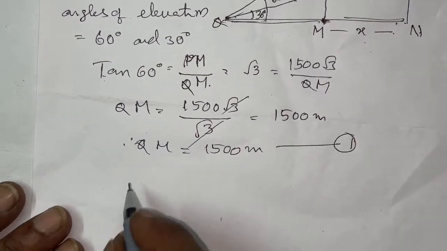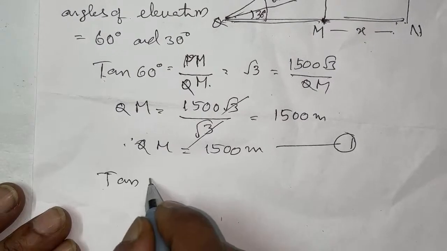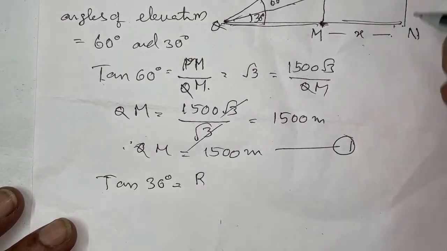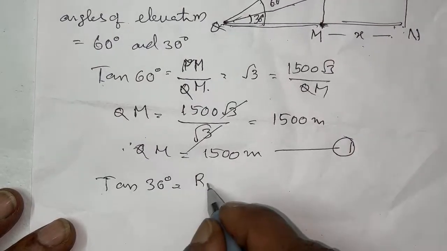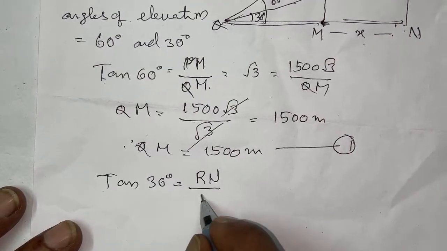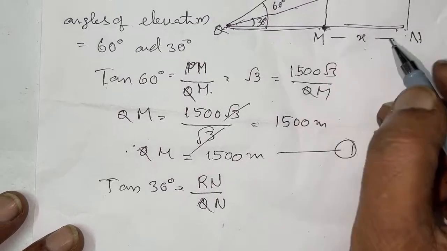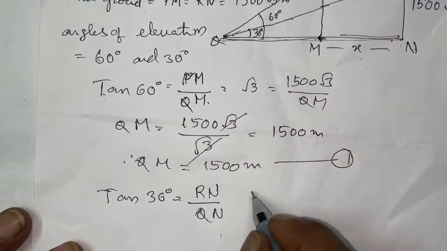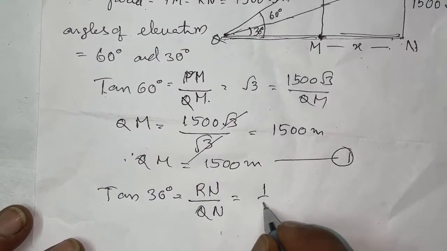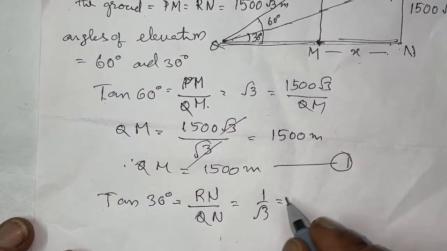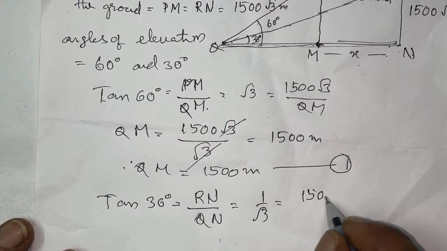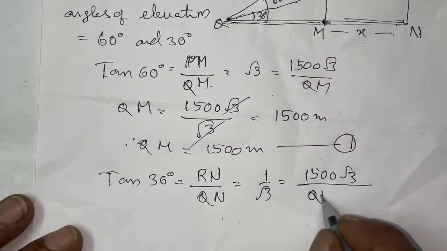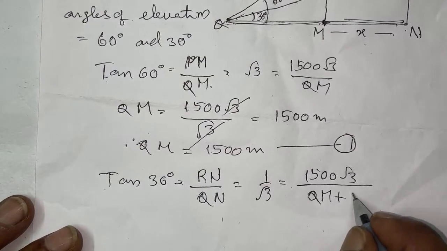Now we'll go for tan 30. Tan 30 is equal to RN by QN, that means this total base QN. So here tan 30 value is 1 by root 3, and RN value is 1500 root 3, by QM plus MN.